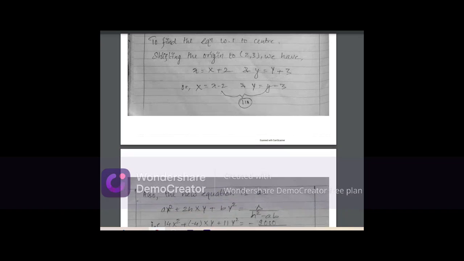Now the new equation is ax square plus 2hxy plus by square equals del by h square minus ab.